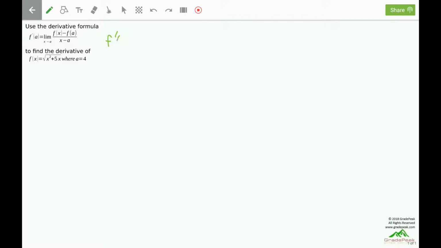First thing to do here is to write the derivative formula for the a value of 4. That will be f prime of 4 equals the limit as x goes to 4 of f of x minus f of 4 over x minus 4.